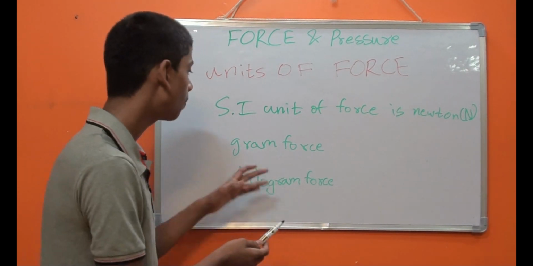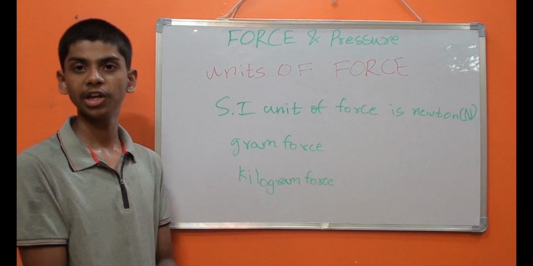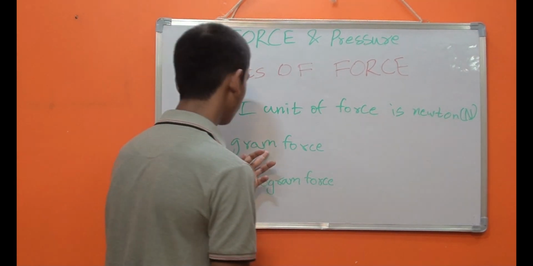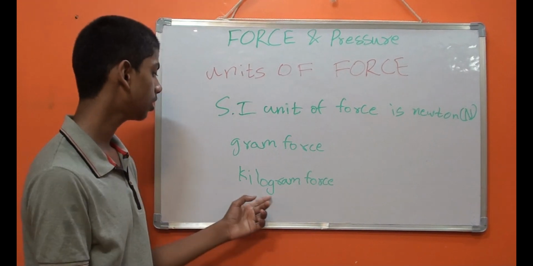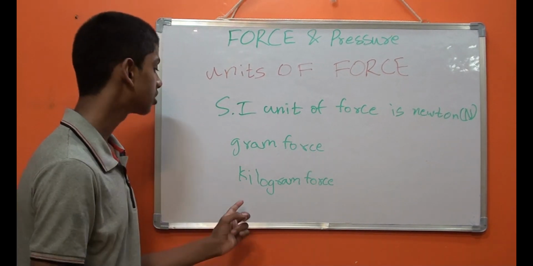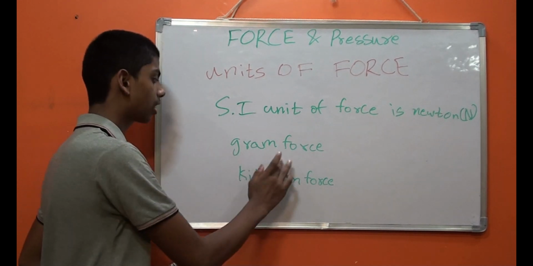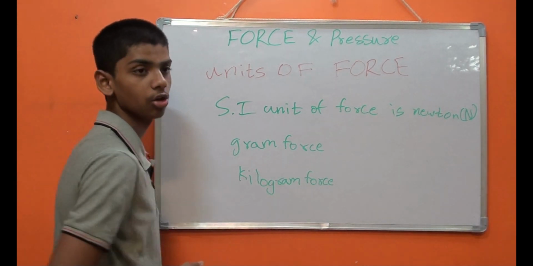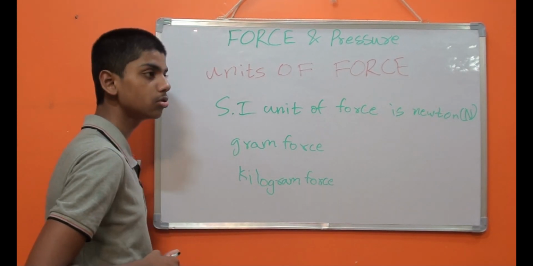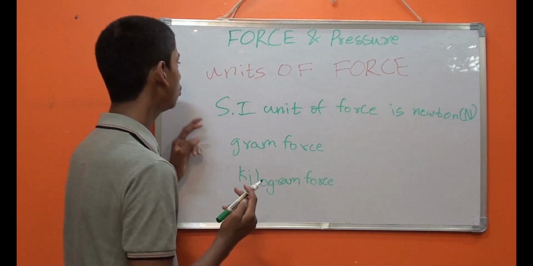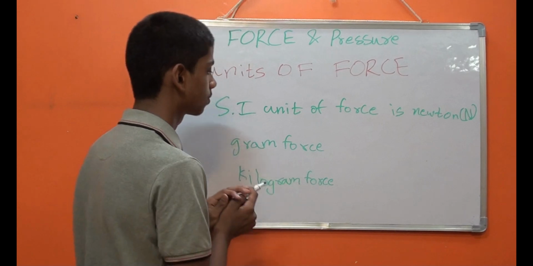The force that the item applies on your hand is known as gram force. Similarly for kilogram force, instead of taking an object weighing a gram, you take an object weighing a kilogram. These are another two units of force.